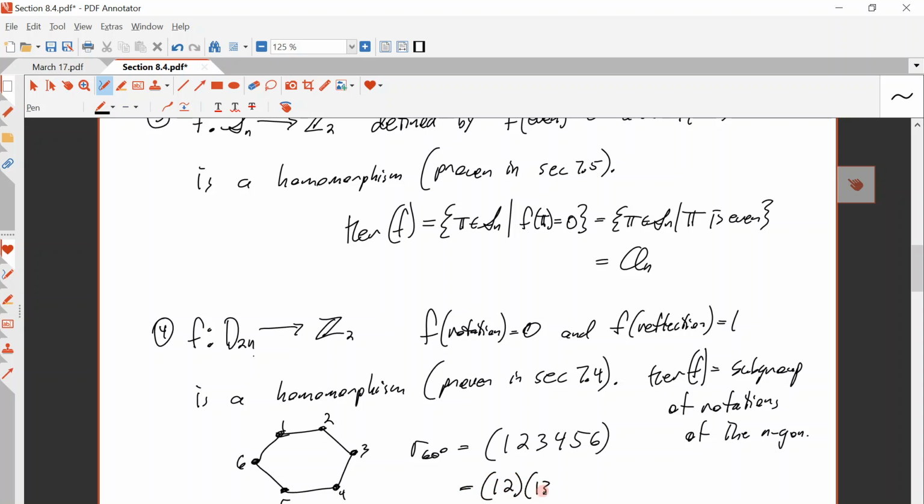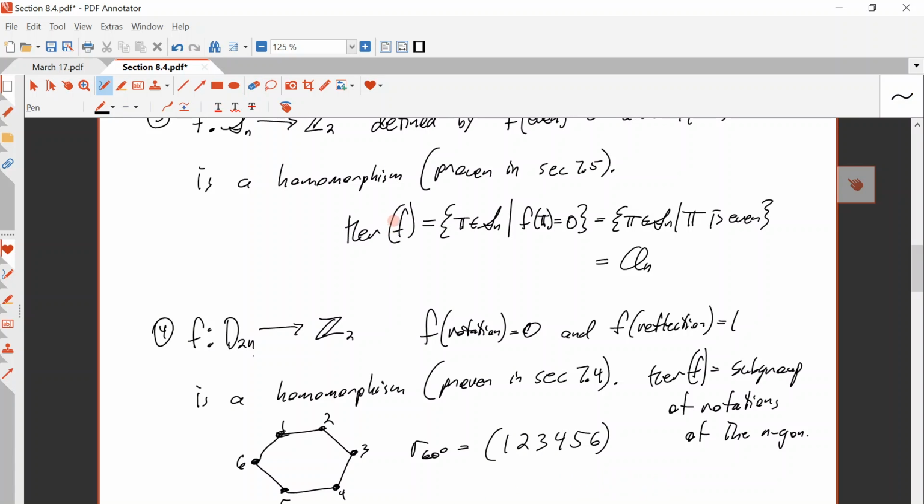It's written as a product of 5 transpositions. The cycle of even length is written as a product of an odd number of transpositions. That's the definition of even and odd permutations, how many transpositions you can write it as, and that's always even or always odd for any given permutation.